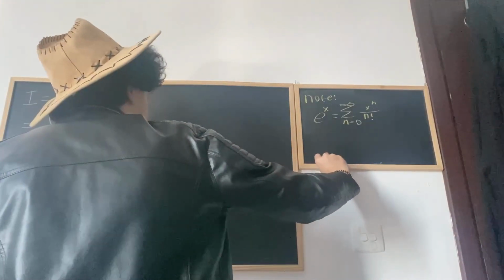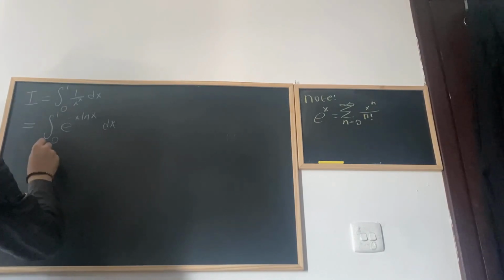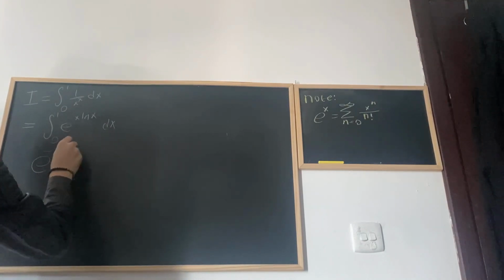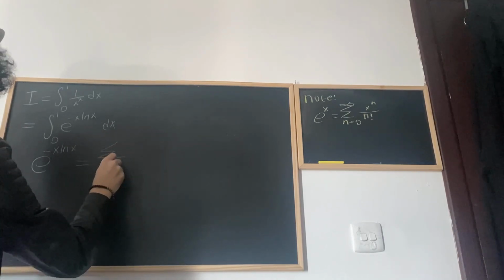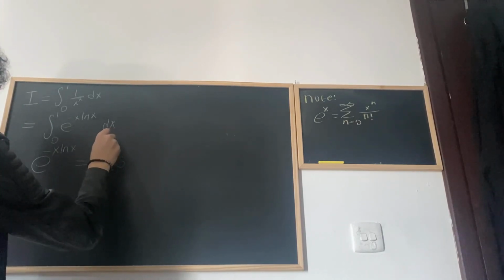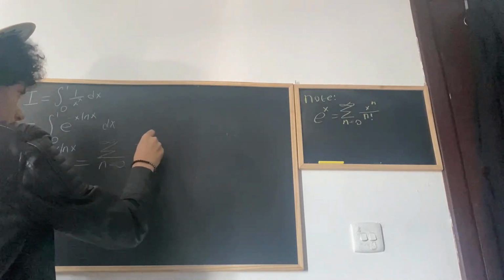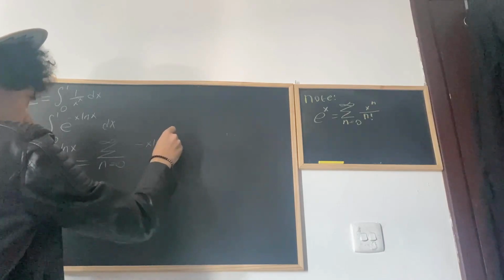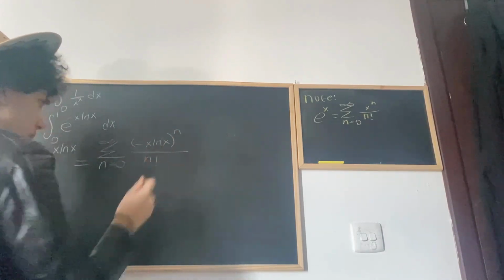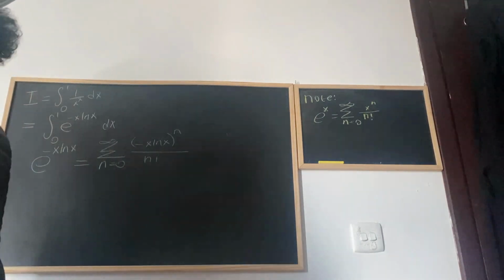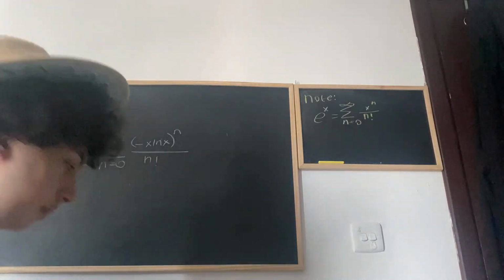Okay, so let's actually do that over here. So e to the power of negative x ln x is the same as the sum from n equals 0 to infinity of negative x ln x all to the power of n over n factorial. Correct? So let's actually put that over here.